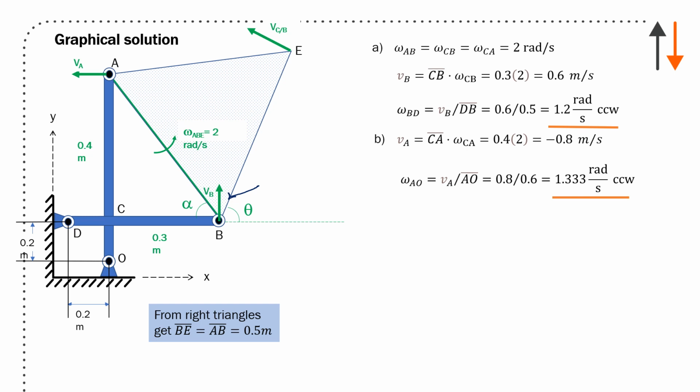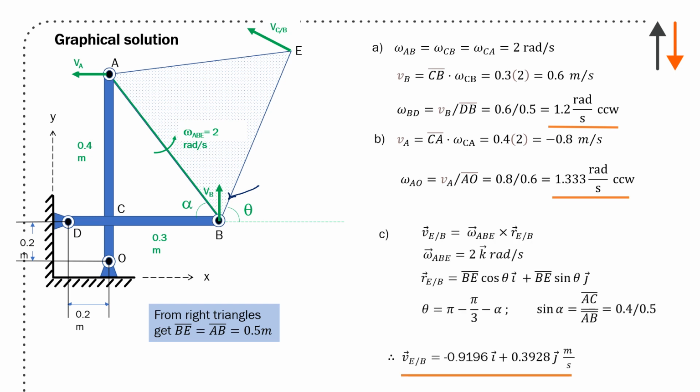Calculate it. It's a little bit different length, and we get 1.33 meters. So it's a little bit longer than the other. Finally, velocity of E with respect to B is really going to be omega AB crossed with our r of E with respect to B. And we have all the terms there. r of E with respect to B is the distance BE cos theta i and BE sine theta j, and substitute in all the terms.